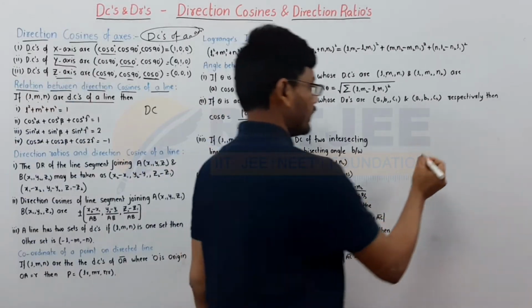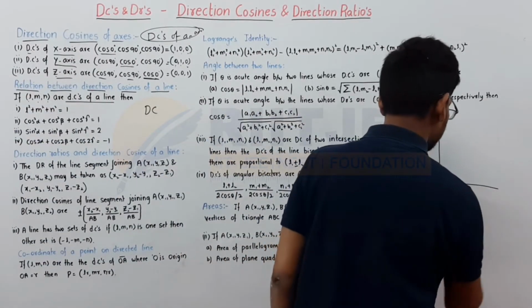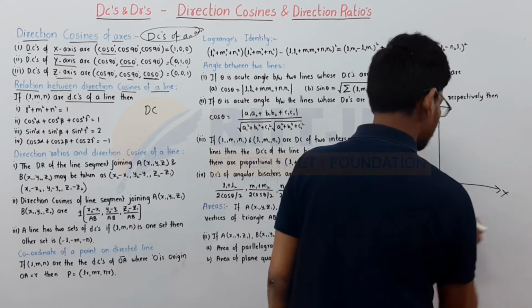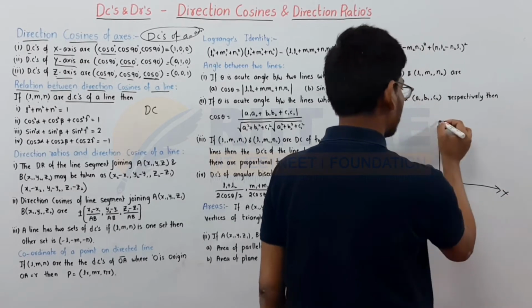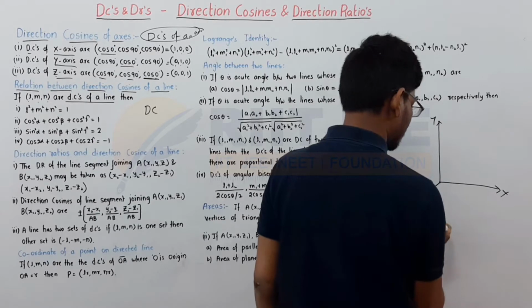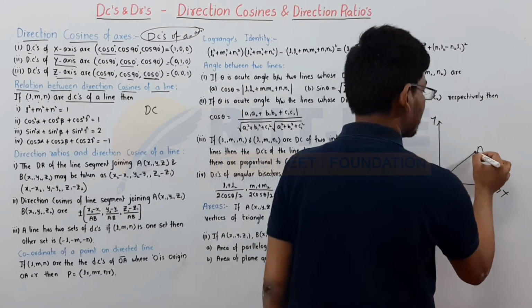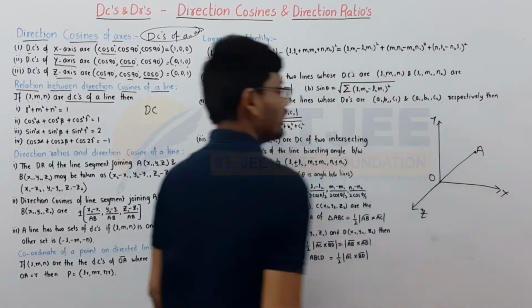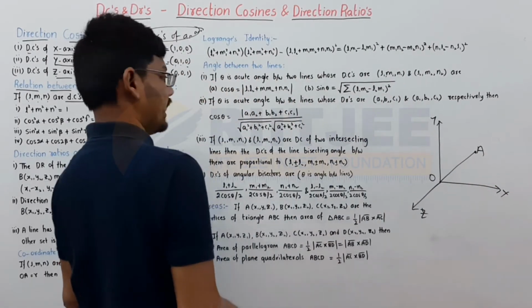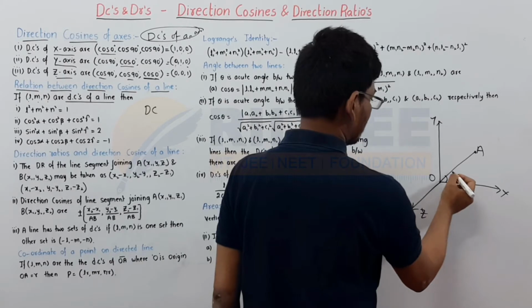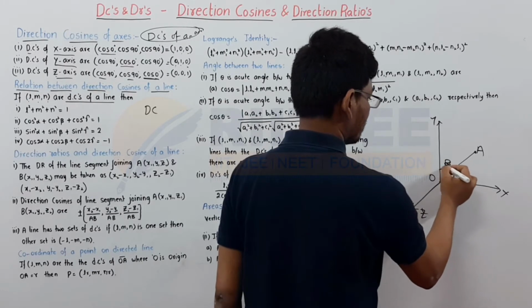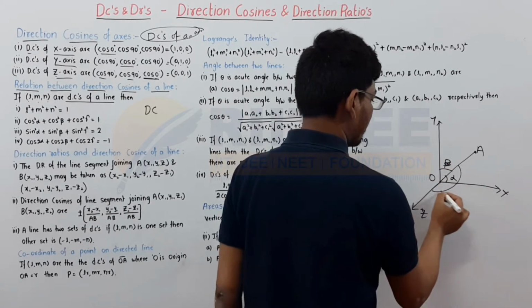On a 3D coordinate system with x, y, z axes, take a line OA making angles alpha, beta and gamma with the axes.